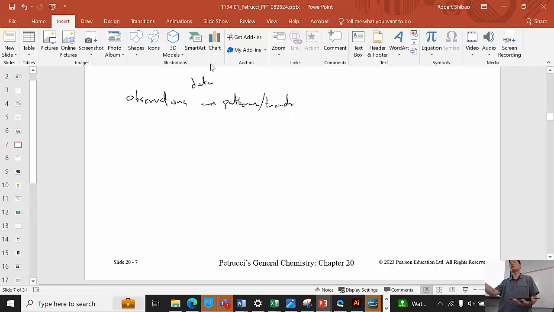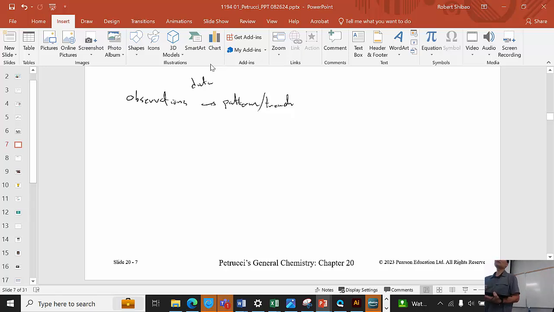What's easier to remember, 1,000 individual data points or some kind of pattern or trend? Like if you're given a data table of Celsius versus Fahrenheit and you have 1,000 different measurements there, is it easy to see the pattern or trend there? No, that's not easy. And oftentimes we don't even have to go to a hypothesis. A hypothesis is at a deeper level.